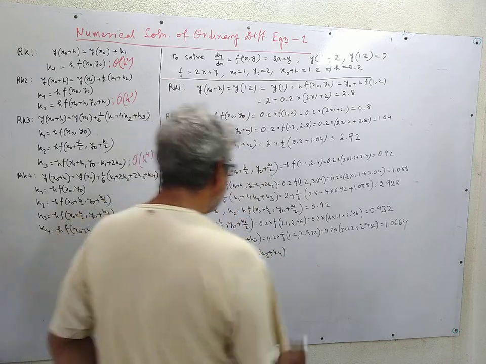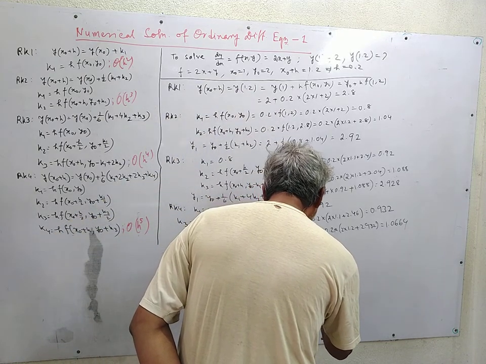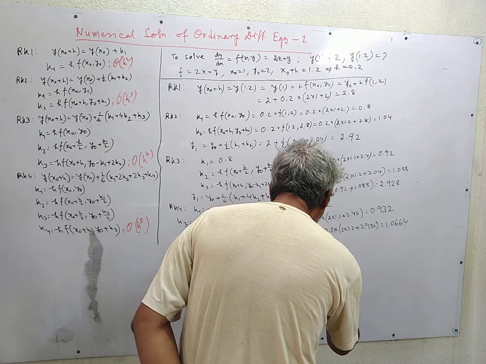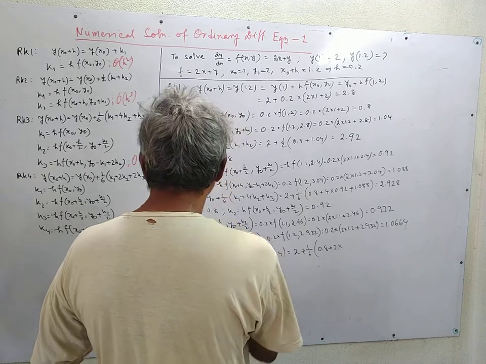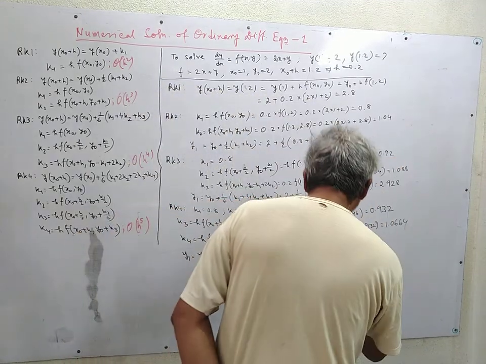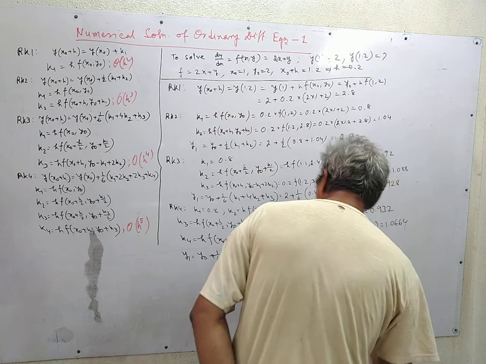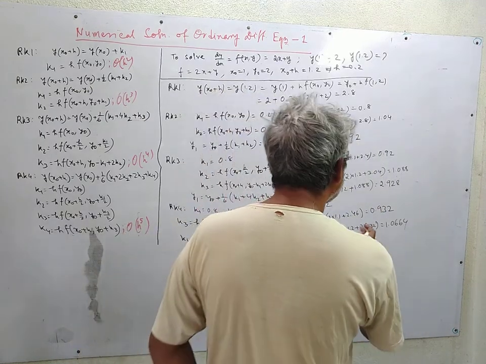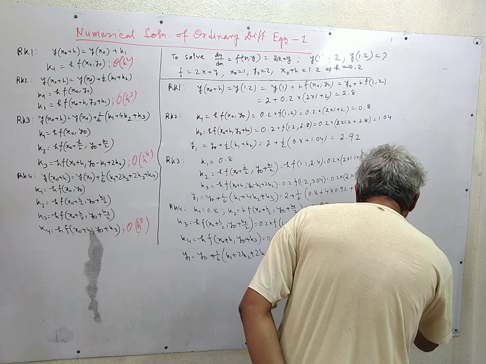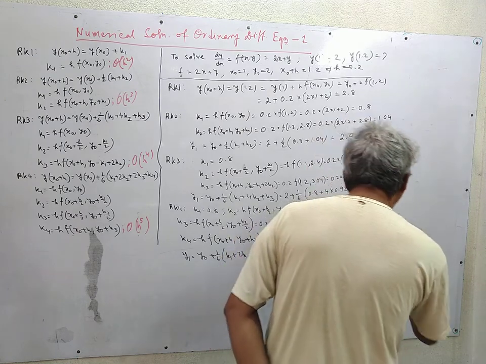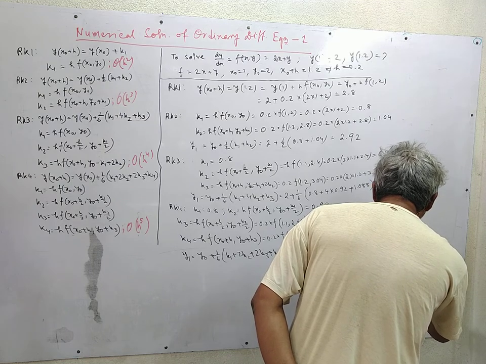So this is 2 for y0, plus 1 upon 6, K1 is 0.8 plus 2 into K2 is 0.92 plus 2 into K3, value of K3 is 0.932, plus K4 is 1.0664.